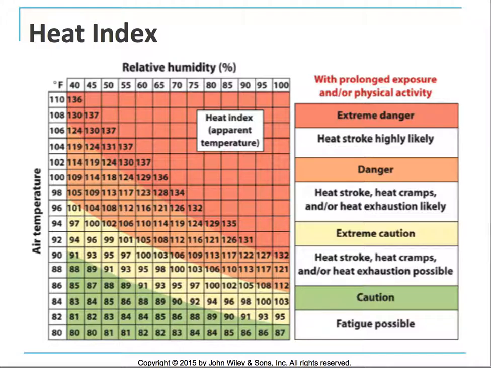This chart can provide you with an idea of how long it's safe to engage in physical activity before having danger of a heat-related illness. The colors here are described on the right, showing the likelihood and how dangerous it would be to exercise in those conditions.